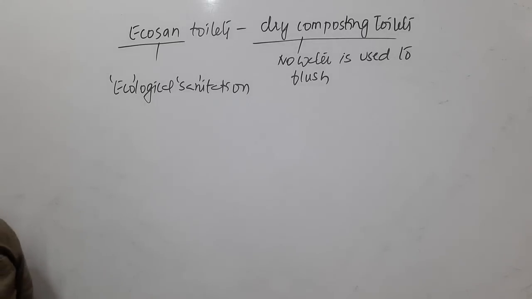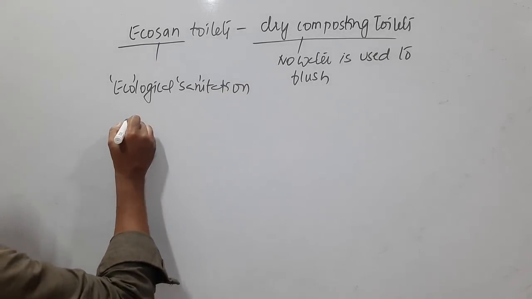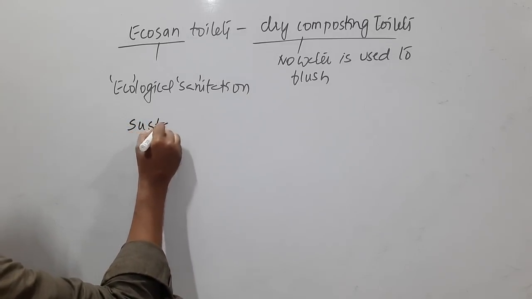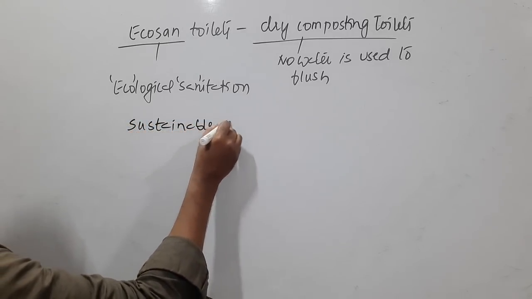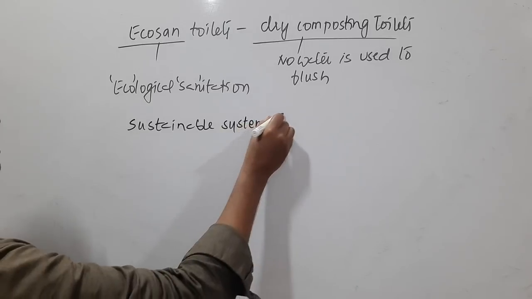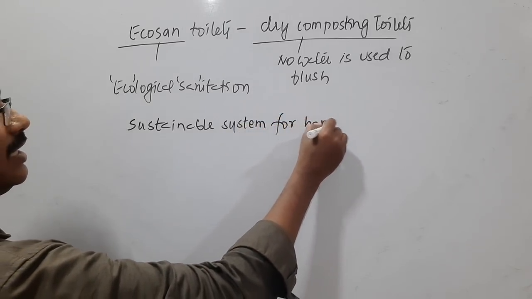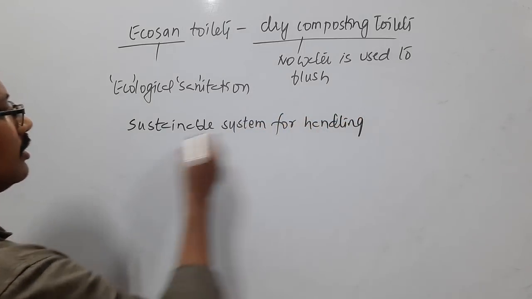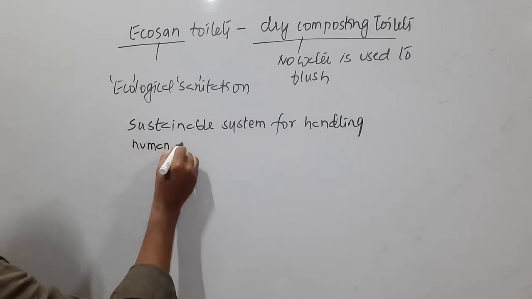And these Ecosan toilets will not be using water to flush them, and that's the reason why we call them dry composting toilets. And this is a sustainable system for handling human excreta.